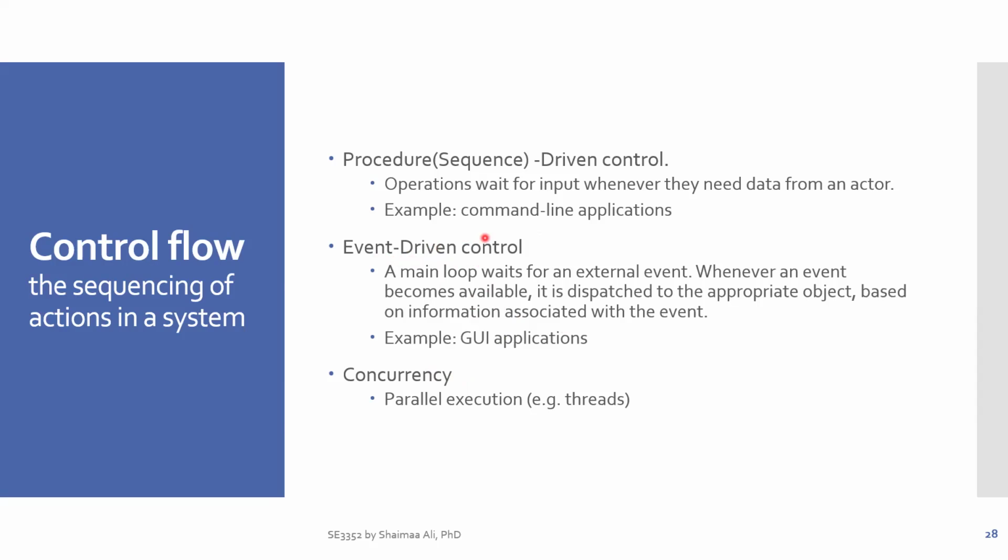So the user would click on a button. Based on that click, a particular action will be executed. Okay, so that is event-driven. There's concurrency, which means that multiple actions can be triggered at the same time. Most applications that are targeted to the general audience would likely be GUI applications, which means event-driven. But the other two still exist.